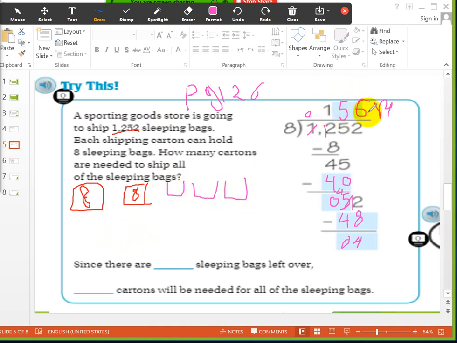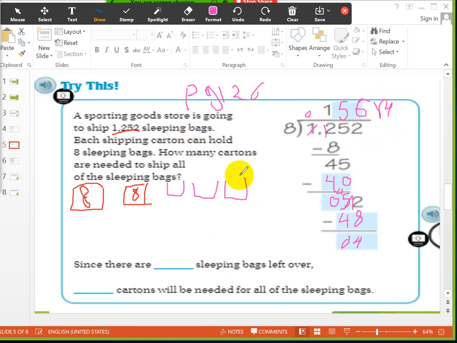I have 156 cartons. Okay, Larissa, if you have a question, please type it in the chat box. So I have 156 cartons, but there are 4 sleeping bags left.